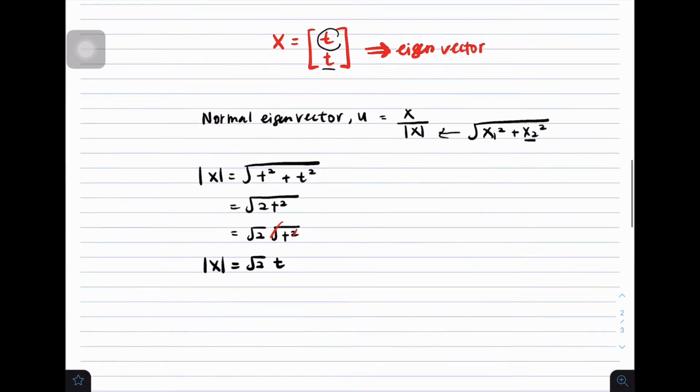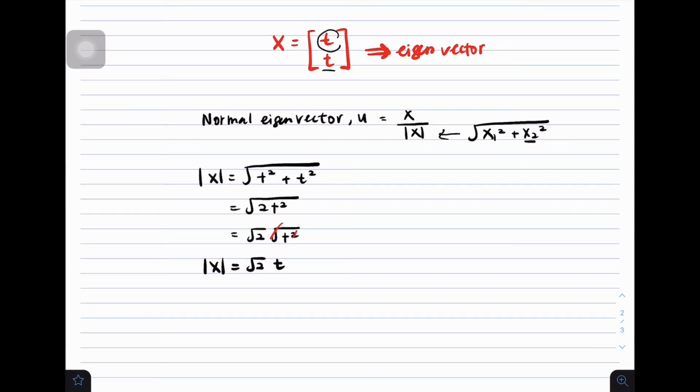Okay, so to find the normal eigenvector, which is u, you just need to divide x by the magnitude of x. So your x1 is t, you divide by the magnitude of x, which is root 2 t. Okay, and your x2 as well is t, so t divided by your magnitude of x, which is root 2 t.